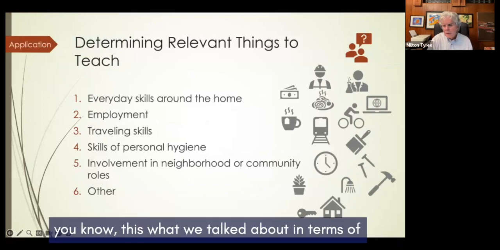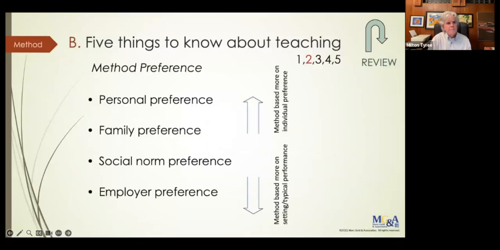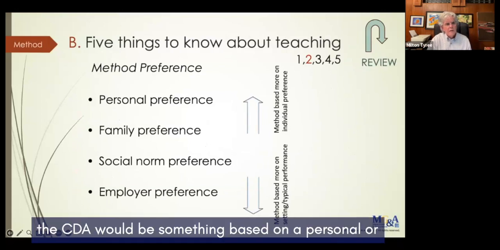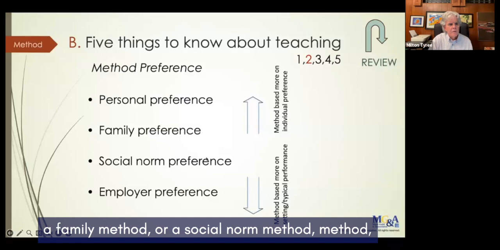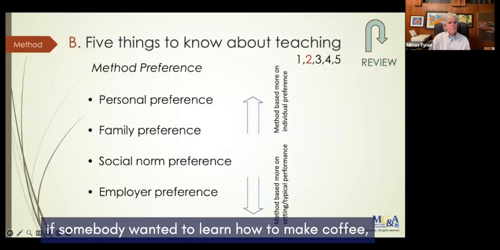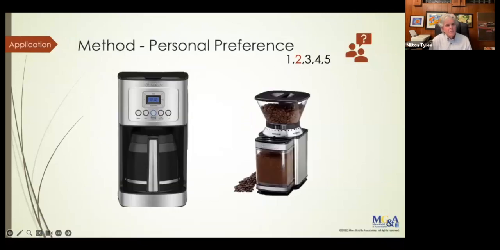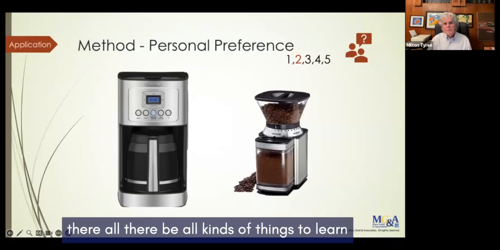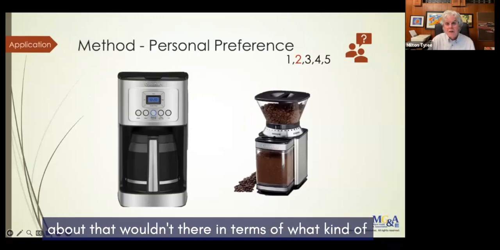This, what we talked about in terms of method, in terms of whether the CVA would be something based on a personal or a family method or a social norm method, or if it's work and employer preference. Like if somebody wanted to learn how to make coffee, there'd be all kinds of things to learn about that, wouldn't there?